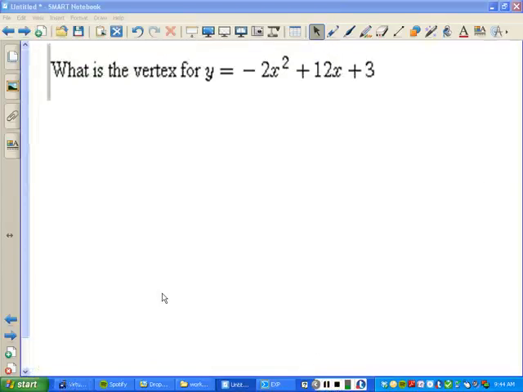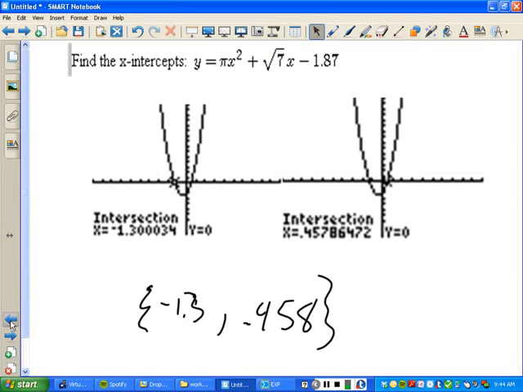Now for this one, to find the vertex, this is on the non-calculator portion, by the way. This one is on the calculator portion. No one does this. I think I asked a similar question a couple semesters ago on a test, and I saw somebody try to do the quadratic formula.